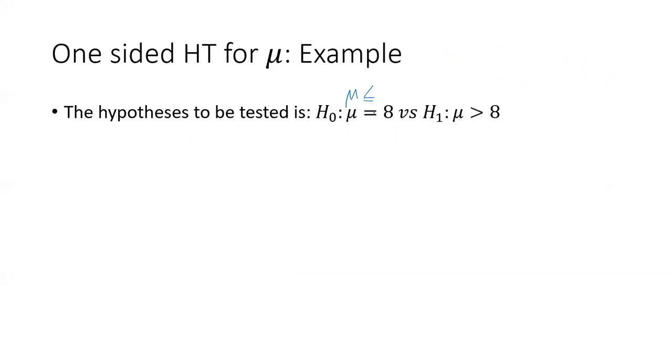Sorry, this is not true, so let me erase this part. I want to test whether mu is greater than or equal to 8 versus mu is smaller than 8. These are not true here.